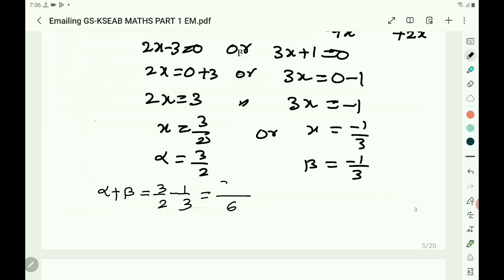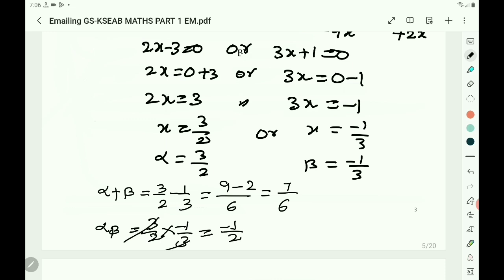Then 3 × 3 is 9, minus 2 × 1 is 2, which equals 7/6. Then take alpha beta. Alpha beta equals 3/2 into −1/3. The 3s cancel. Here −1/2 is the product. Consider this is first, this is second.